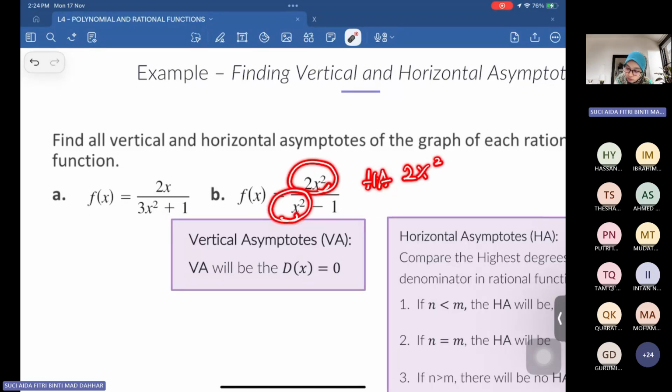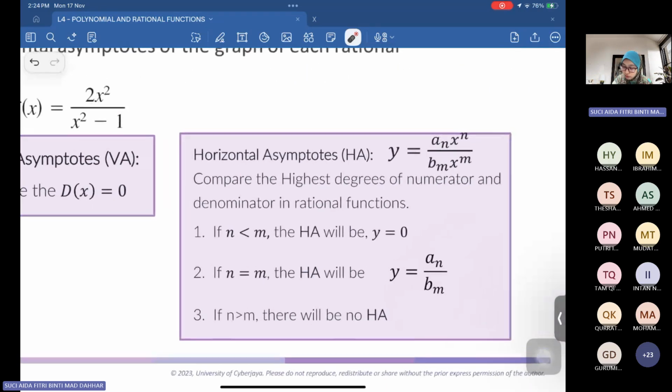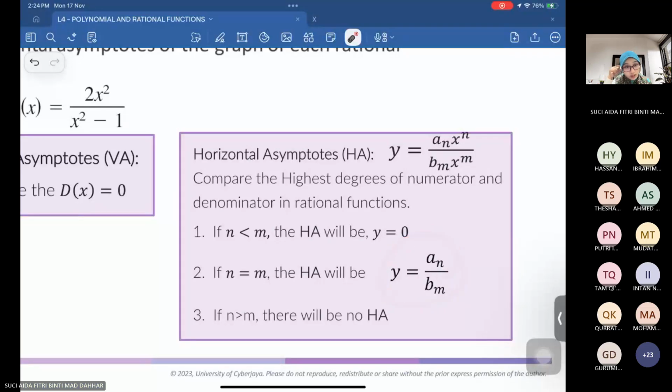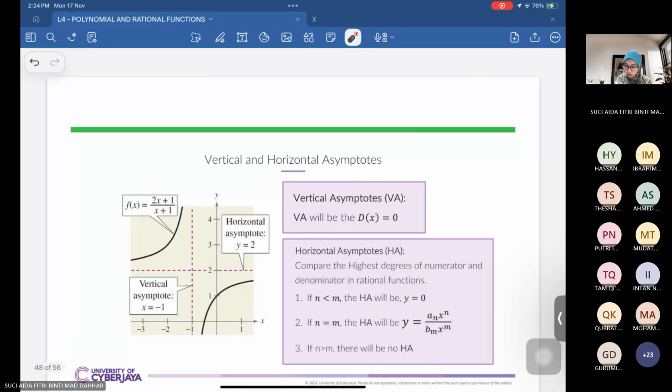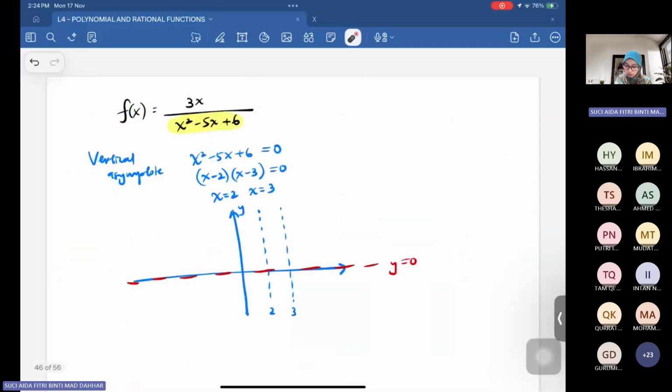So that's going to be 2x squared divided by x squared. You cancel off your x squared, then you will get y equals 2. This is your horizontal asymptote. Horizontal follows the y coordinate, so that will be the y values. Is that clear?